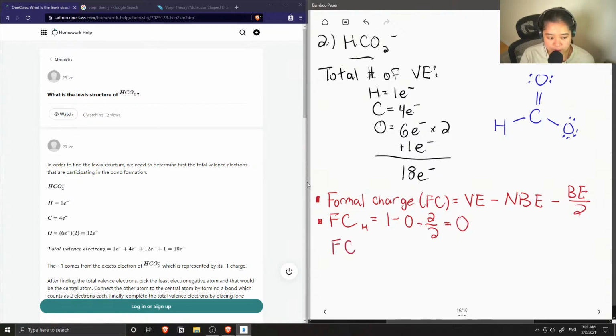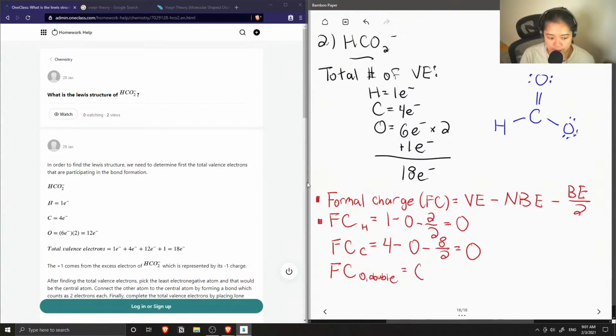So now let's do the same thing for our carbon atom. Carbon has 4 valence electrons. There are 0 lone pairs and 4 bonds to carbon, so we have 8 bonding electrons divided by 2. So we also have a formal charge of 0. Now let's do the oxygen that's participating in the double bond.